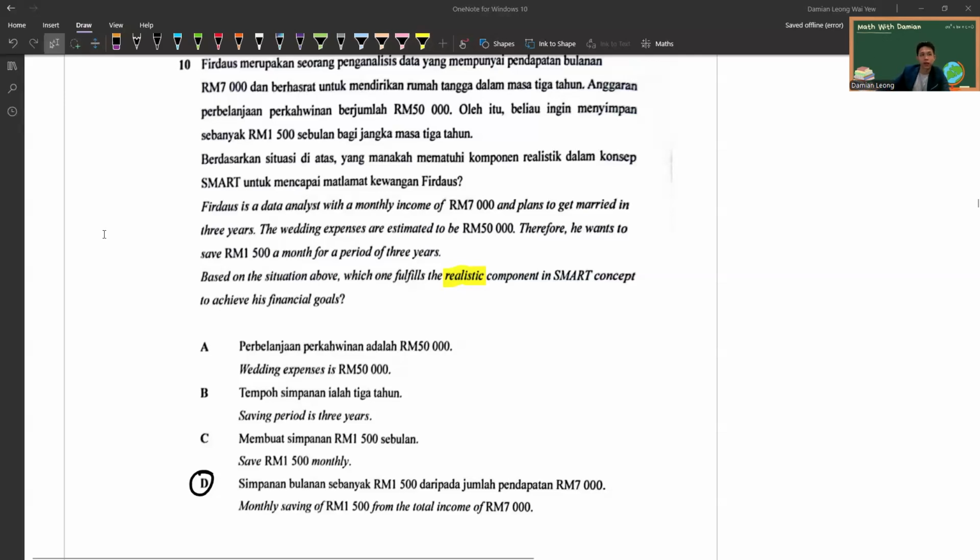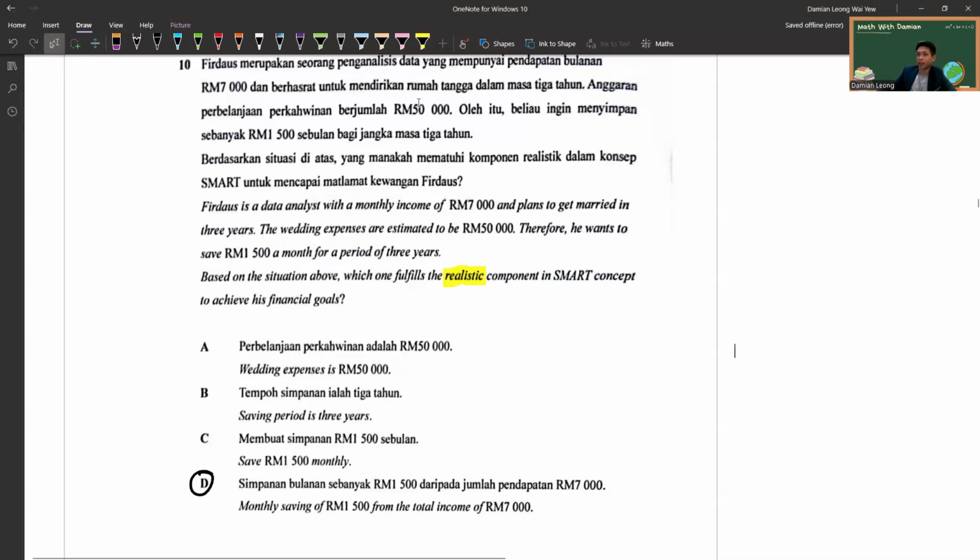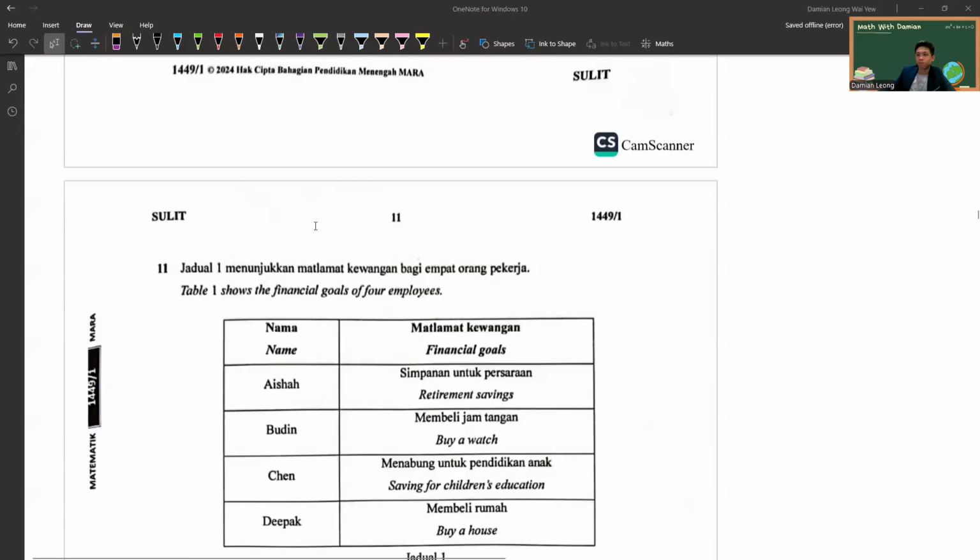Even if we count by percentage, it's about 21%. Usually 30% and below is manageable lah. Okay, so yeah, that's question 10.